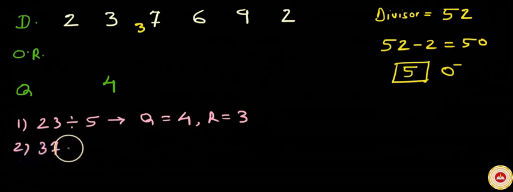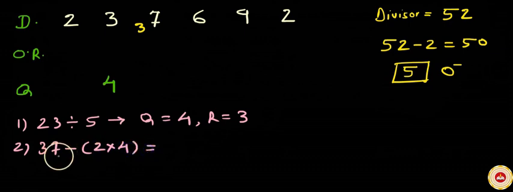Step number 2. 37. You cannot divide 37 directly. For that you have to calculate osculation number, and then you can divide osculation number. So let us find osculation number from this 37. How to find it? Subtract 2 times last quotient digit, which is 4.